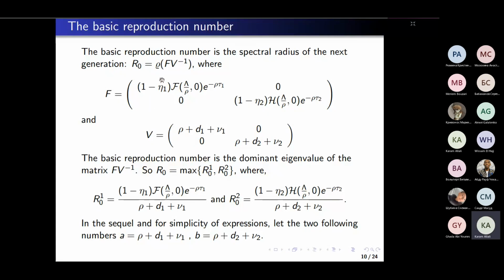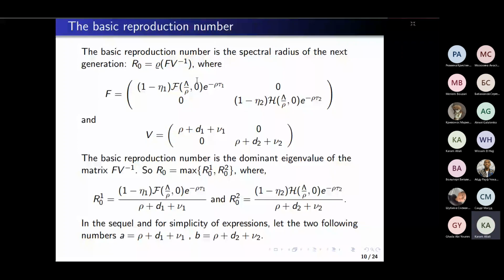The next generation matrix is calculated by F multiplied by V to the power minus 1, the inverse of the matrix V. So if we calculate the spectral radius, we will have the basic reproduction number as the maximum of two quantities.